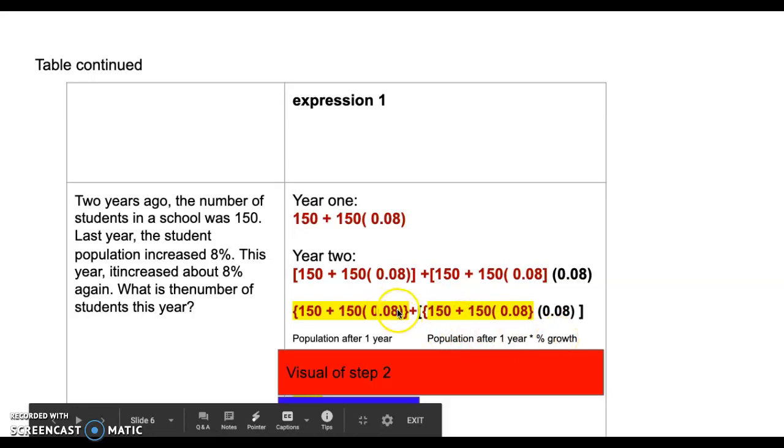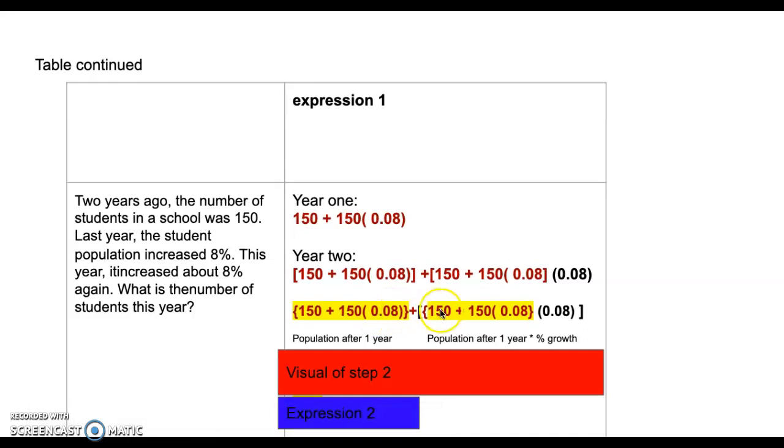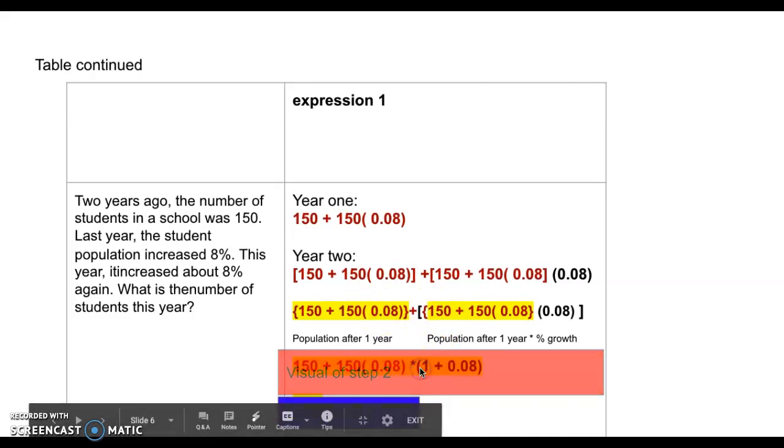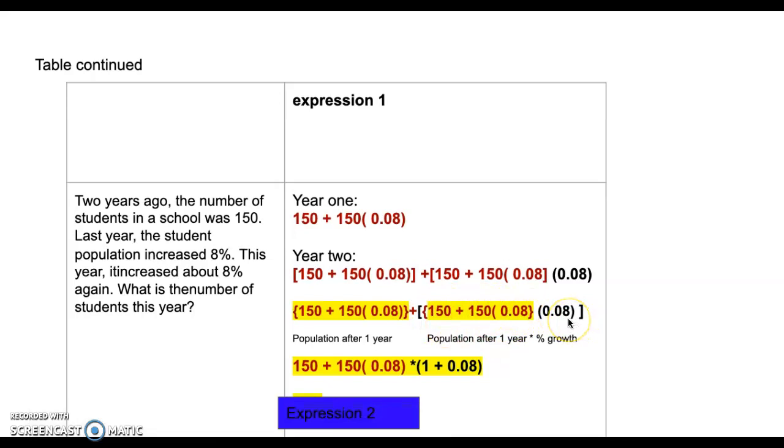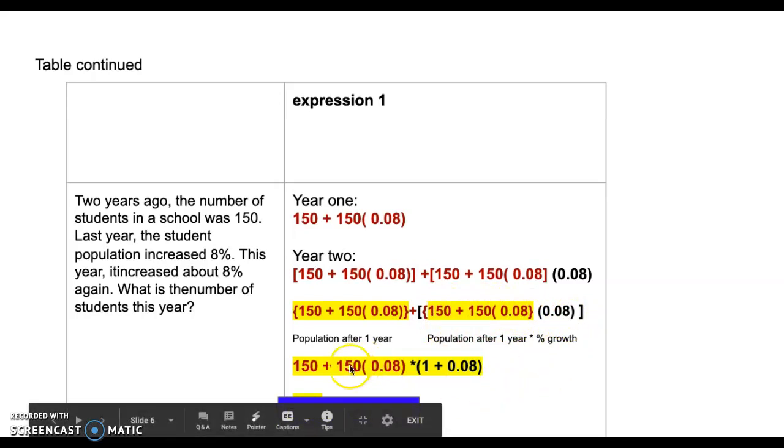So now we're going to kind of factor out what each has in common. The highlighted is what they have in common. So you take out the 150 plus the 150 times 8 hundredths. When I factor it out of the first expression, I'm left with 1. When I factor it out of the second expression, I'm left with 8 hundredths. So then I have 150 times 1 plus the 8 hundredths.